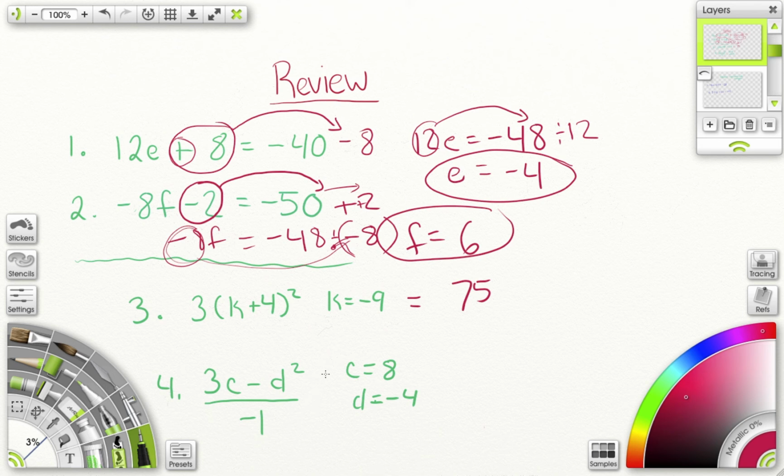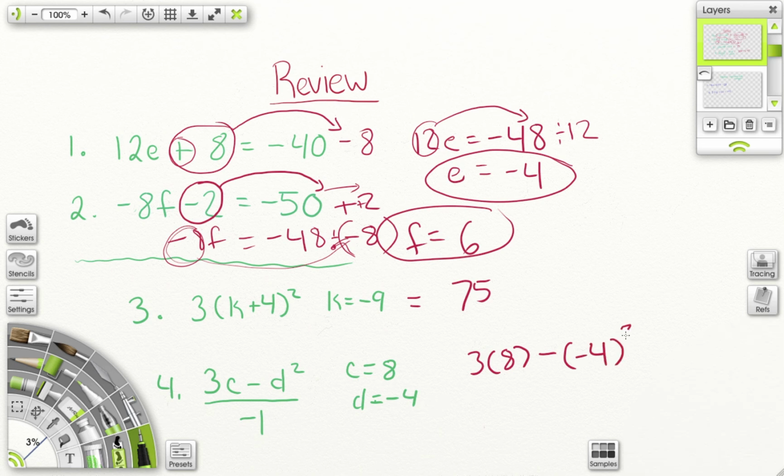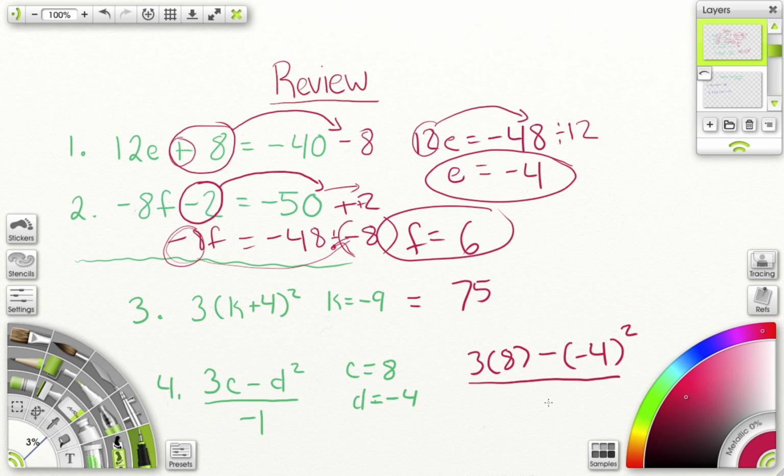Now this one here, first step, plug in your numbers. So I have 3 times 8, c equals 8, minus -4, because d is equal to -4 squared over -1. So first step is, we don't have brackets, we do have an exponent though. So I have to do -4 to the power of 2. So -4 times -4 equals +16.